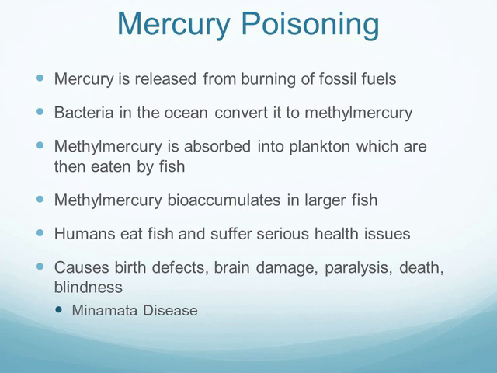It got to a point where the concentration within the fish was pretty high, so that when the humans finally went and ate the fish, they suffered serious health effects, right? They would have birth defects, brain damage, paralysis, death, and even blindness.